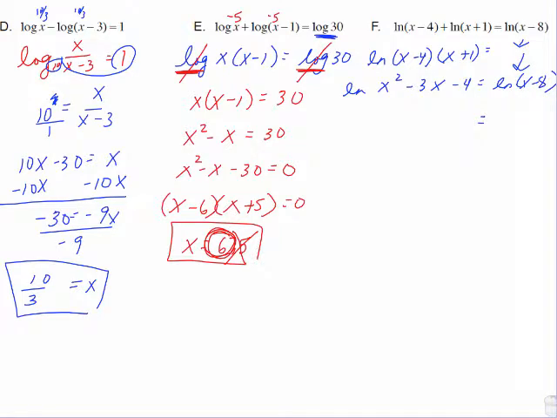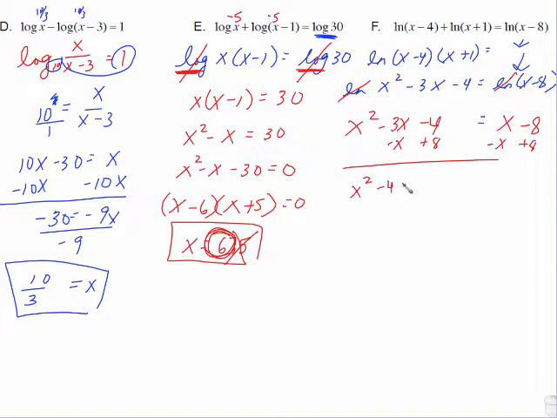So I can drop both those ln's, and I'm just dealing with x squared minus 3x minus 4 equals x minus 8. We will need to get everything over on one side equal to 0. To do that, we're subtracting x, adding 8, and this will give us x squared minus 4x plus 4 equals 0.